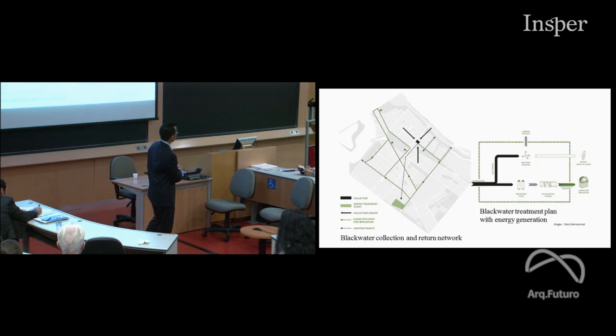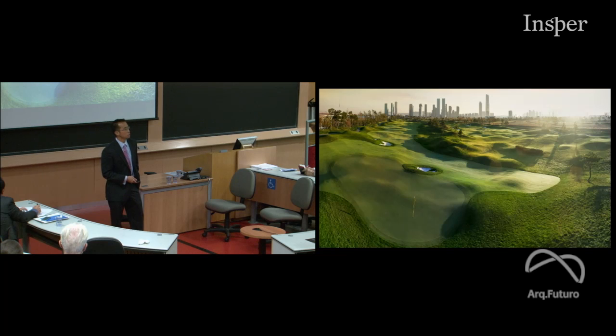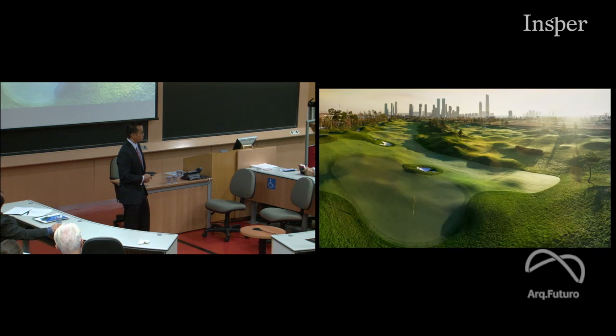And that results in the ability to create a golf course that uses this type of water. We knew that they wanted a golf course, this is just part of the culture, but why create a golf course that requires an obscene amount of fresh water?